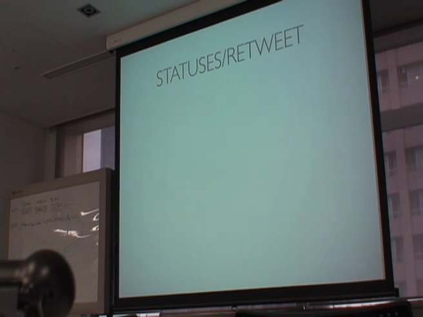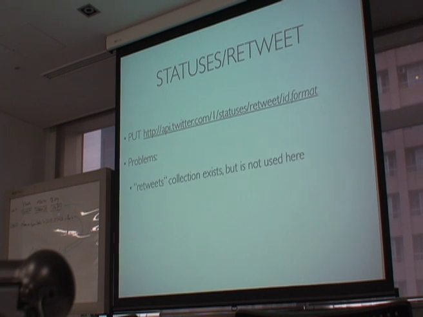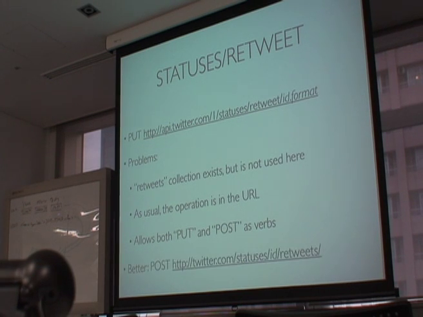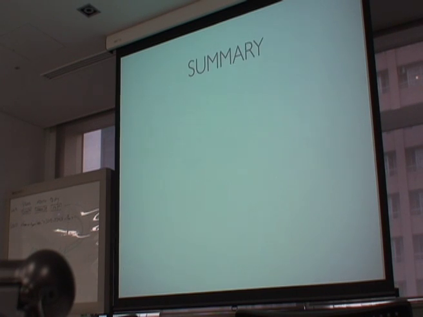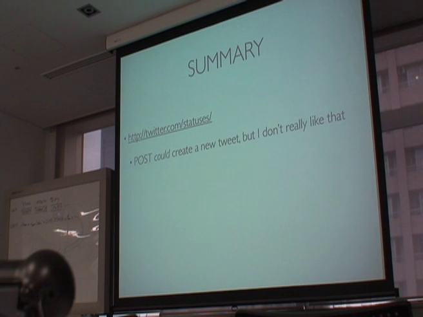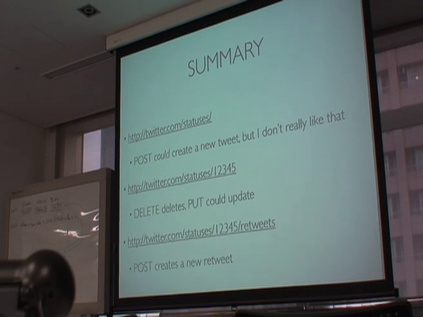See, because we have retweets, so why can't we just say, create a new retweet by doing this? Post to the retweets of a status. Does that make sense? Yeah. So that would be a nice URL, and that would be a nice interface.